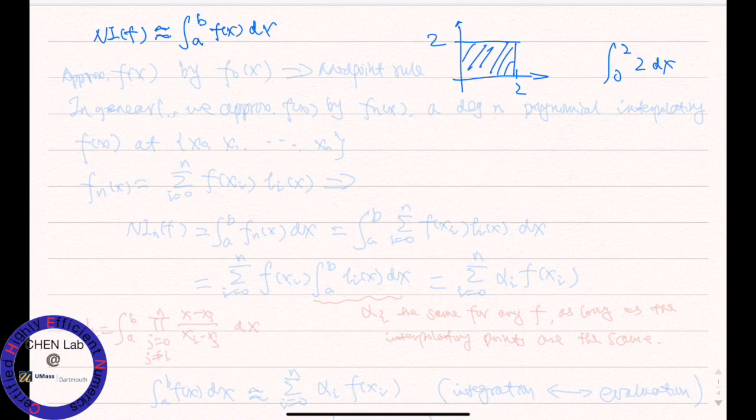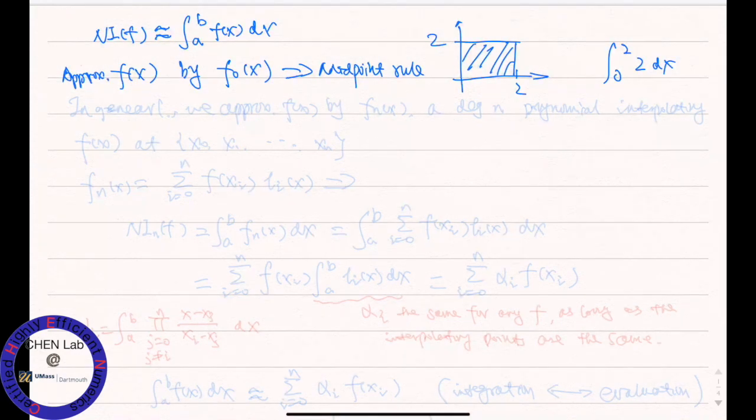In that sense, we're actually approximating f of x by f0 of x, a degree 0 polynomial. If we approximate f of x by f0 of x, this would lead to what we just did Tuesday, the midpoint rule. Does that make sense?